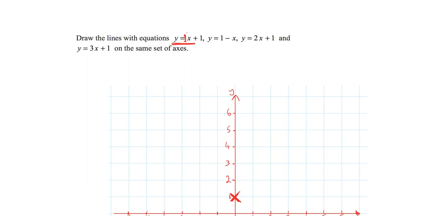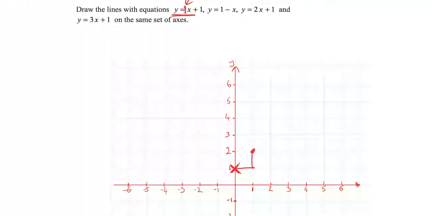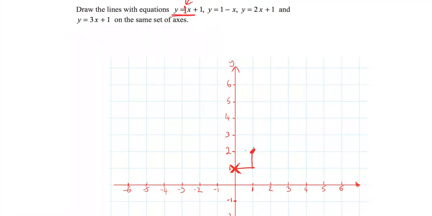Now, my gradient here is 1. That means my change in y over my change in x is 1. So try to recreate that. Think about it this way. If I go one step to the right, and then I go one step up, I would have achieved 1 divided by 1 is 1. So that's going to be a point on my line.